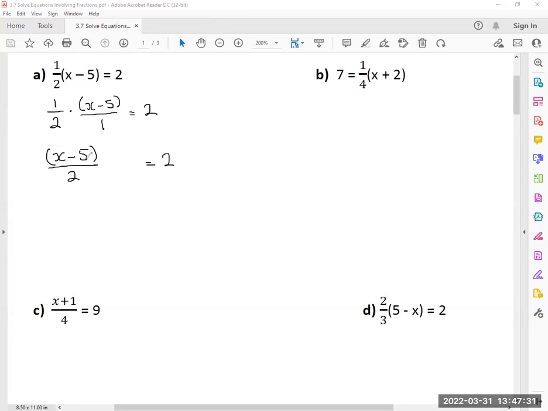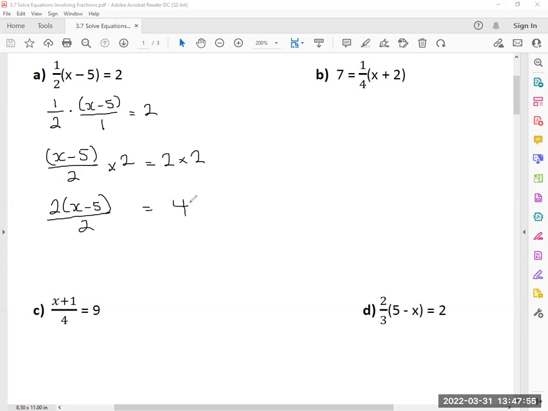Reverse BEDMAS. I'm doing brackets last. How do you get rid of a division of 2? And so I'm going to go through all the steps, okay? So if I multiply across, the left side becomes 2 times x minus 5 over 2.